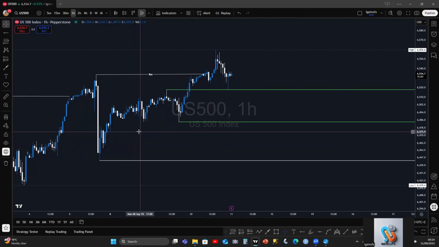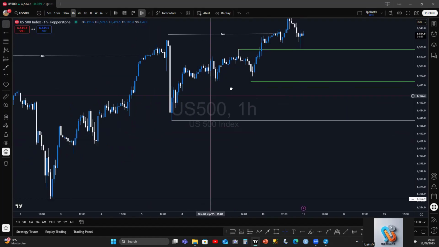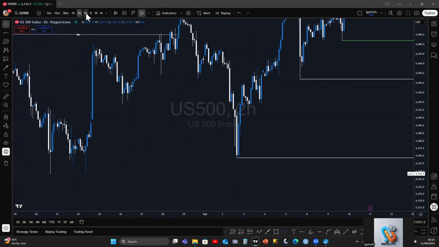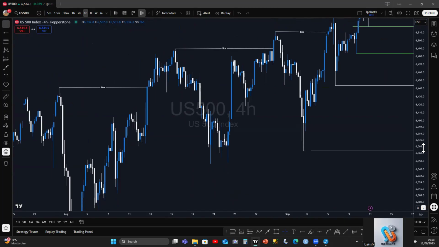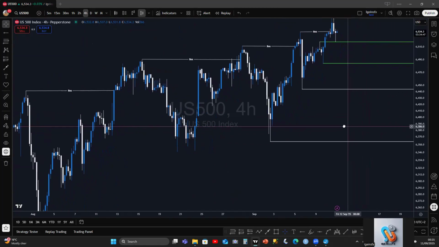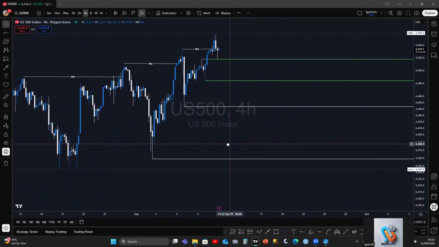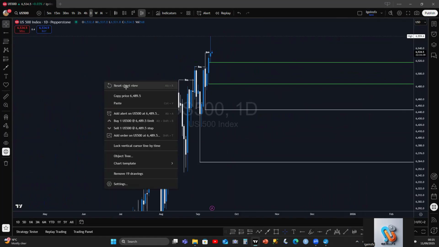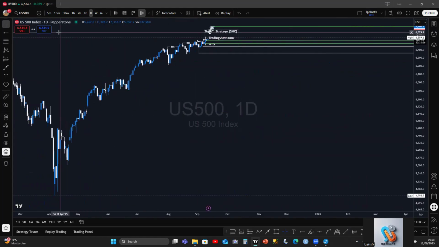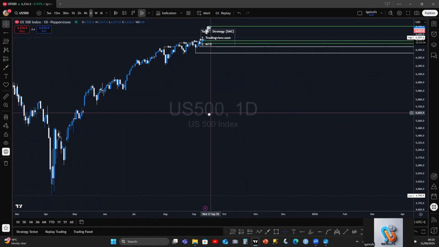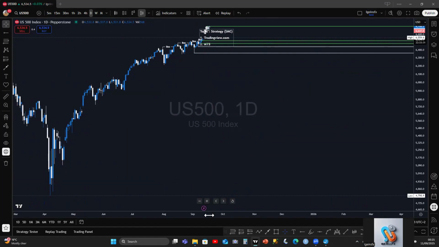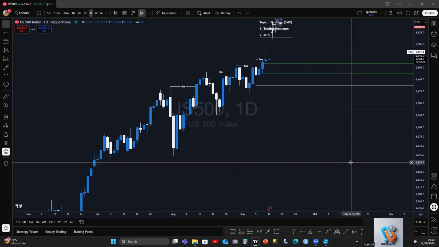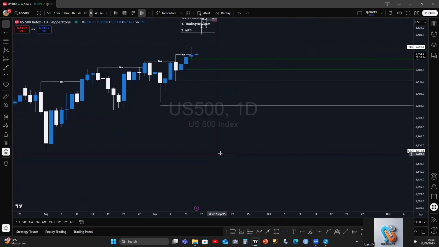Now we talked about breaking structure to the upside, right? So breaking structure to the upside. One moment, I'm going to show you guys now.